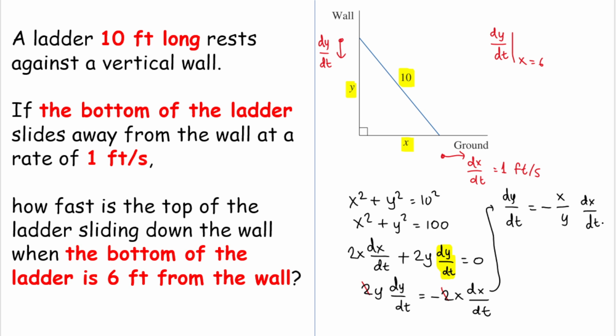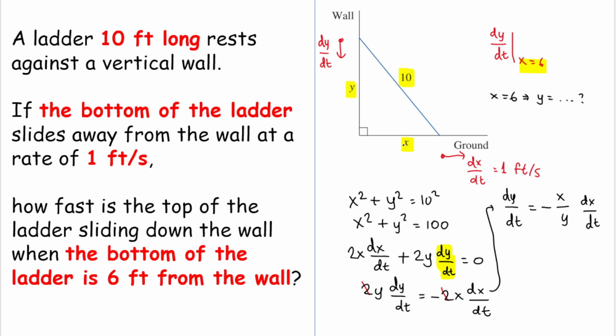Now we need to find out when x is equal to 6, right? But then if x is equal to 6, we need to know y, right? So we need to find out this first.